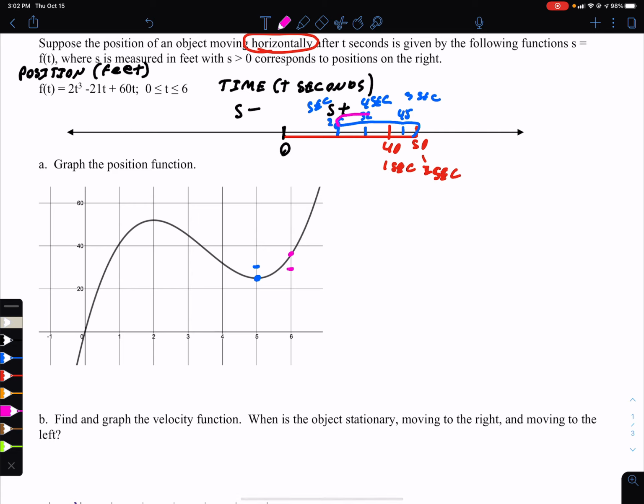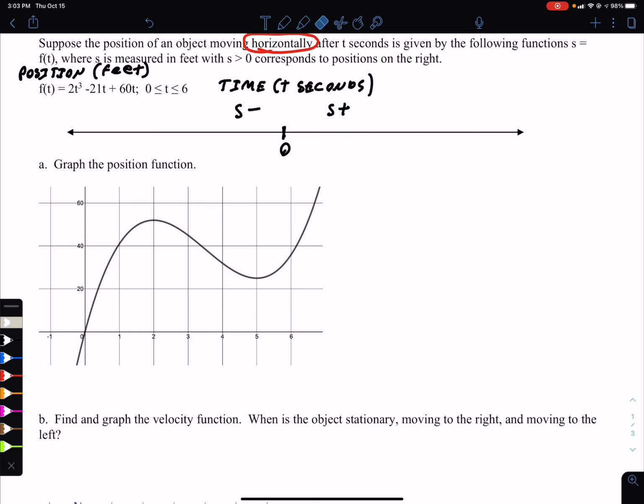So it's turned around, it's going back the other way. You need to be able to see, I'm moving away from the origin, back towards, and away. I'm moving away, back towards, and away. So you need to get a feel for how all this fits together, and how the graph connects to what the object is doing.